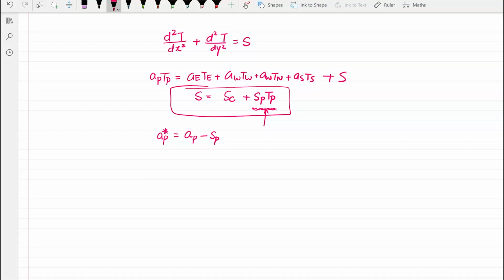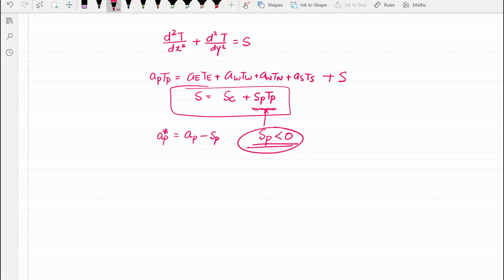But the idea is, if let us say SP is negative, so imagine that SP is some negative value, then this difference AP minus SP: AP was already positive thanks to our formulation, and now if SP is negative, then AP minus SP would always be positive, and that solves our problem. So we say that SP ideally has to always be less than 0.